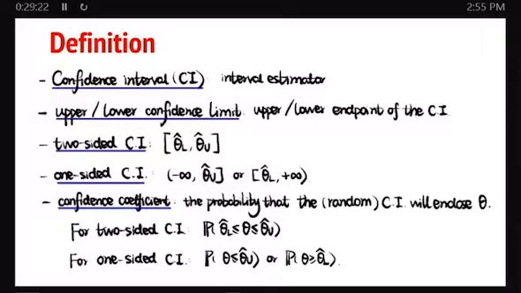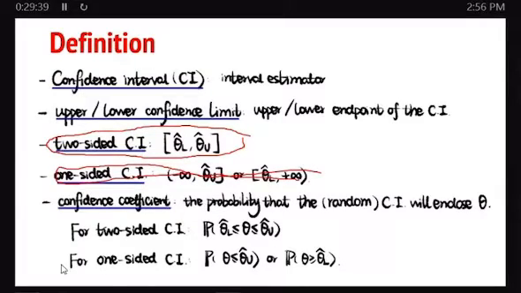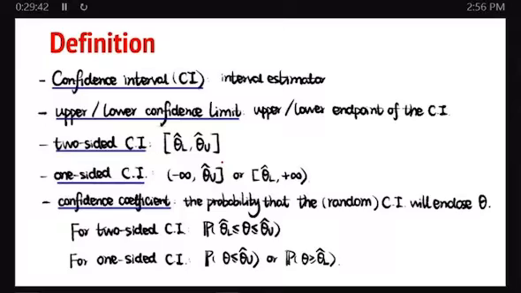The theta cap U is the upper limit. And I know most of the time this is common, two-sided, where you consider the error to the left and the error to the right. We could also have one-sided intervals, this one for the upper, and this one for the lower.